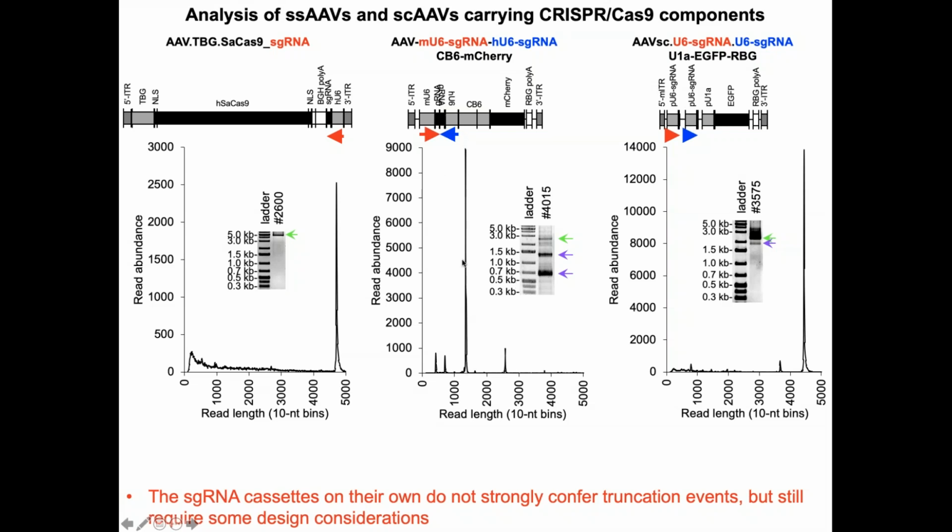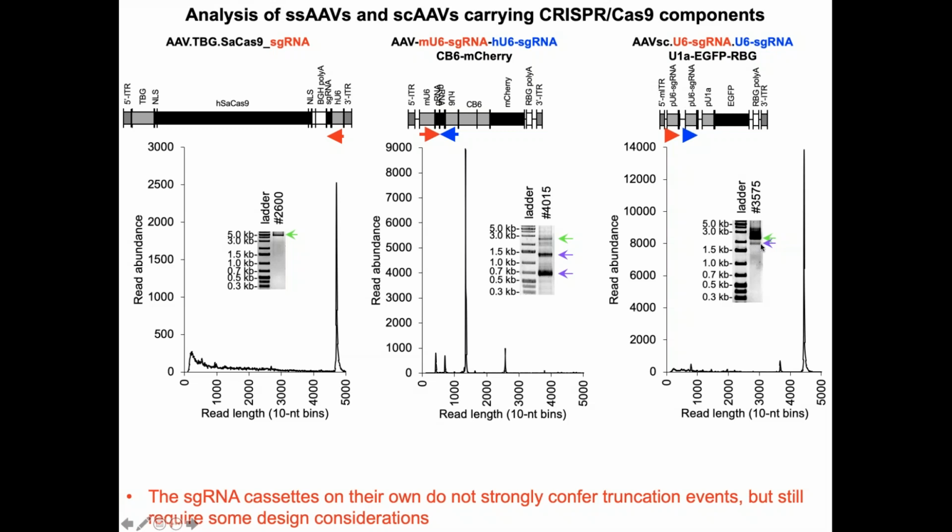So this is indicated by this huge peak that we see at around 1.2 kb, which is, of course, an undersized vector genome. But when we design them in a tail-to-head configuration where secondary structure isn't very strong, we do significantly reduce the prevalence of these truncated genomes.